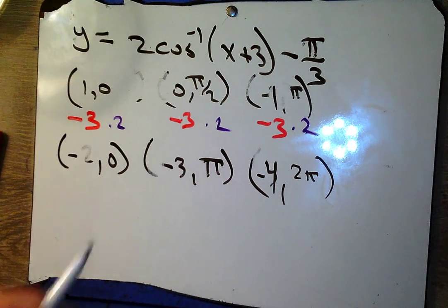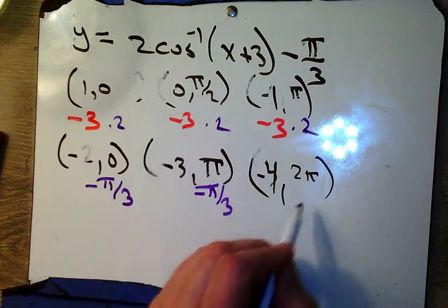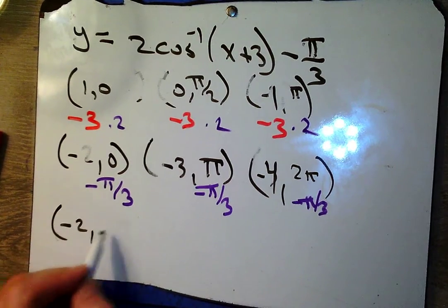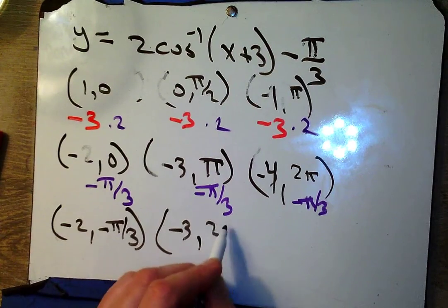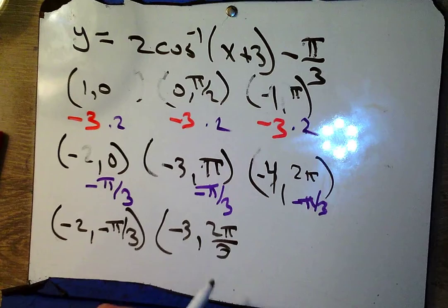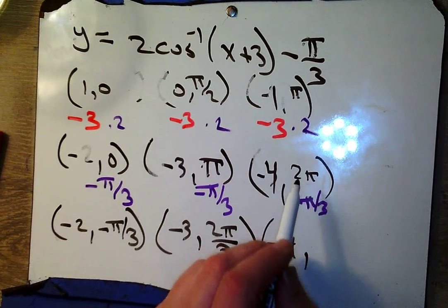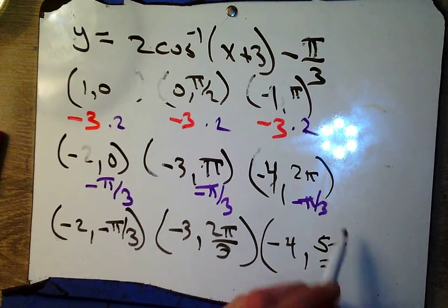And that's going to ask us to subtract pi over 3 from each of the y values in our ordered pair. Three pi over 3 minus 1 pi over 3 is 2 pi over 3. This is 6 pi over 3 minus 1 pi over 3 is 5 pi over 3.